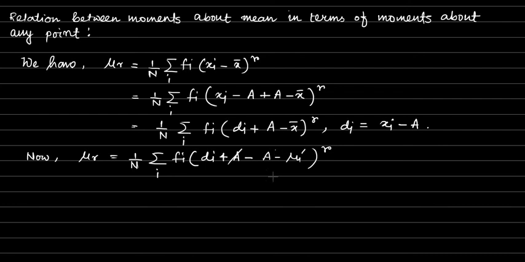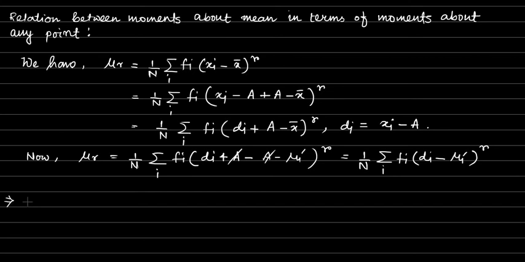So this a and this a cancel, so we get 1 by n summation over i f_i into (d_i minus mu1 dash) whole to the power r. Now let us consider this term (d_i minus mu1 dash) whole to the power r and expand it using the binomial theorem.